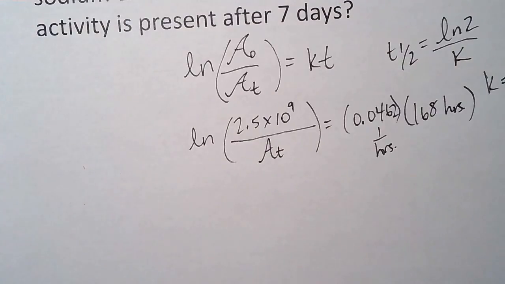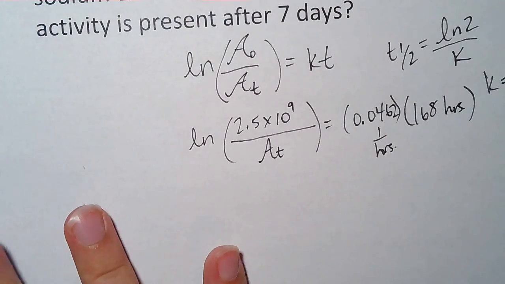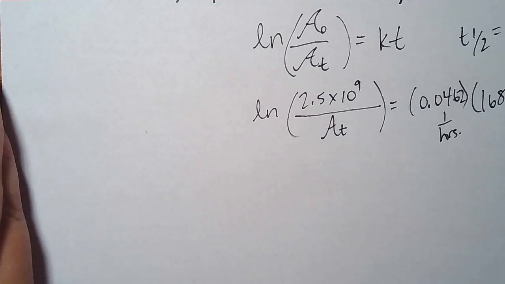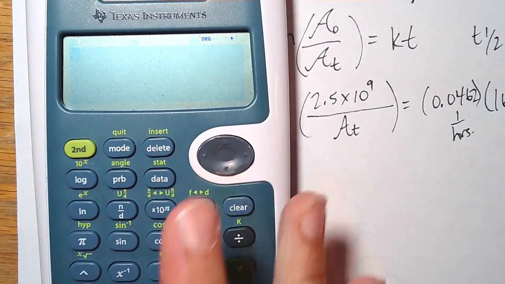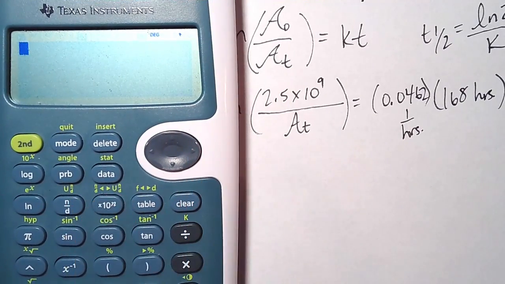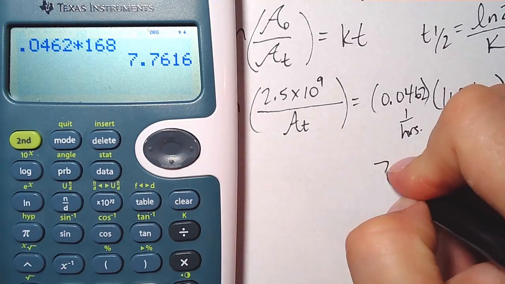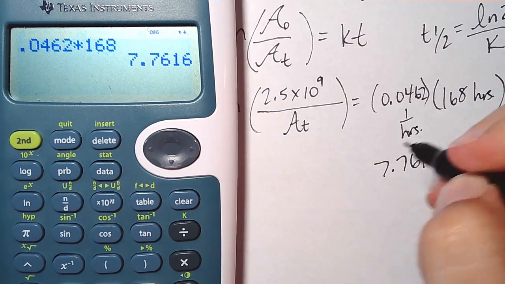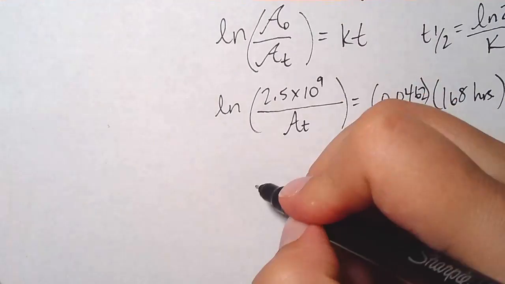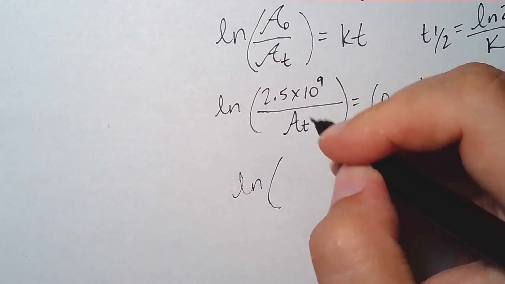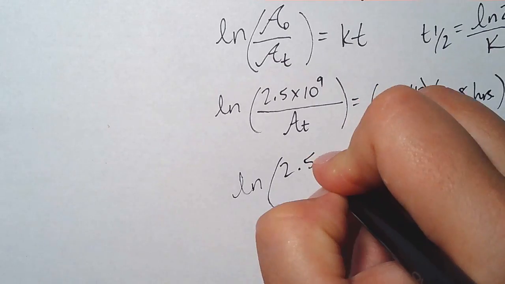Alright, so now we can multiply the right side. It's 0.0462 times 168 gives me 7.76. Now the left side of my equation is the ln of a ratio that contains my variable.